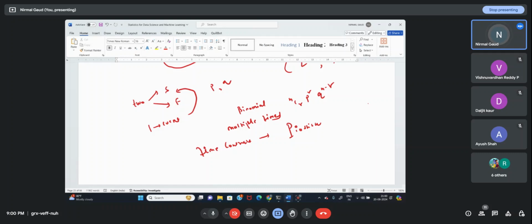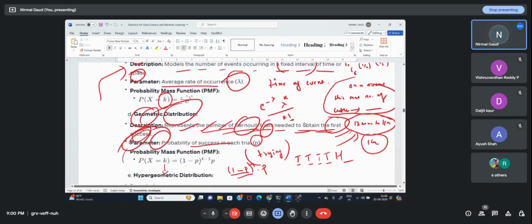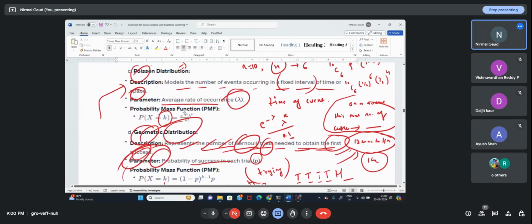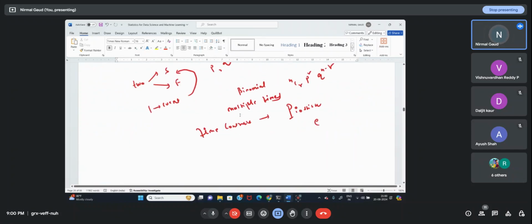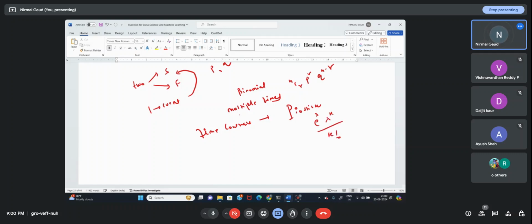In Poisson, the formula is changed. You can check out the formula: e to the power minus lambda, lambda to the power k upon k factorial. This is Poisson distribution. Then we also have geometric distribution. That means we keep on trying unless and until we get the success. Just keep on going.